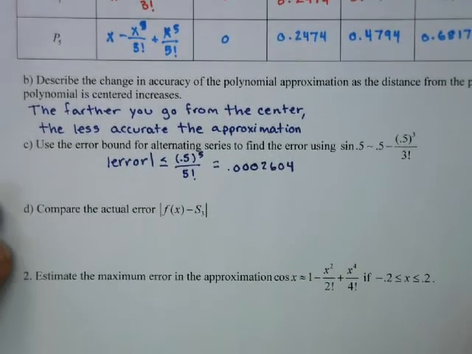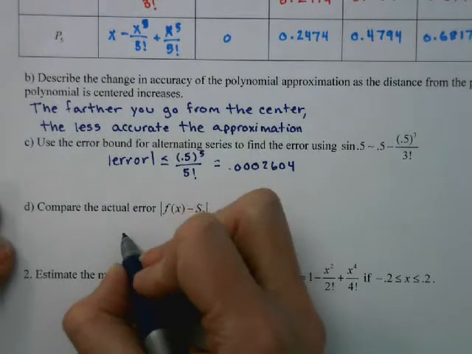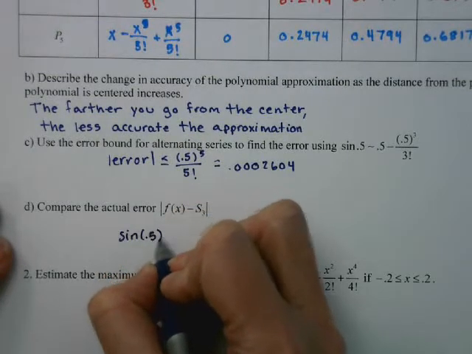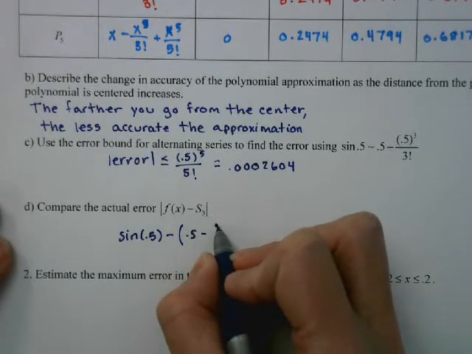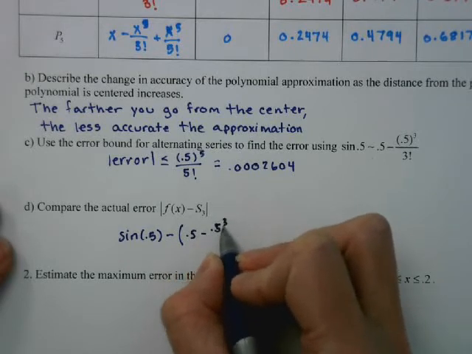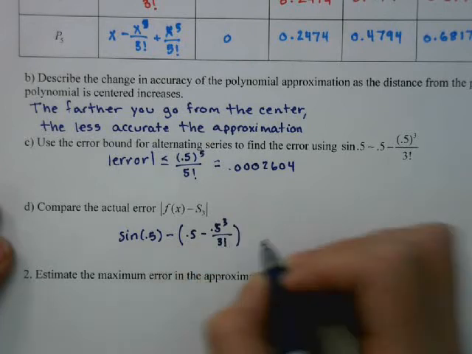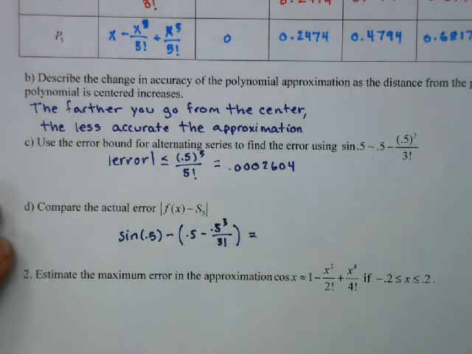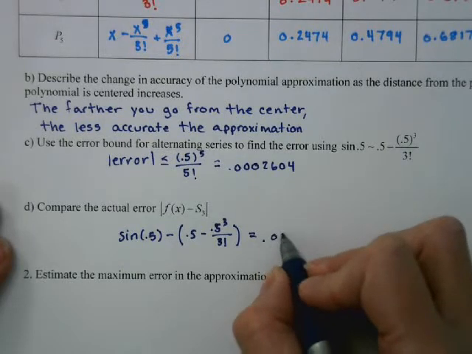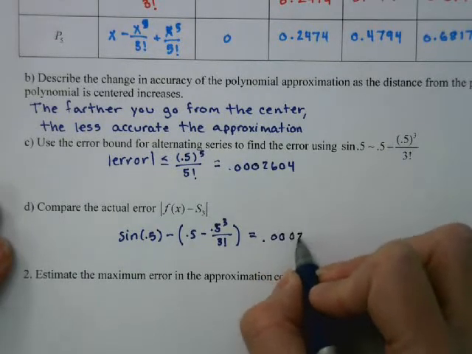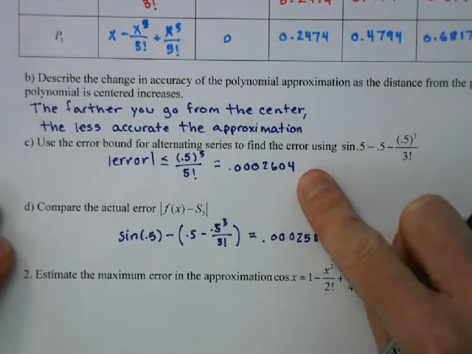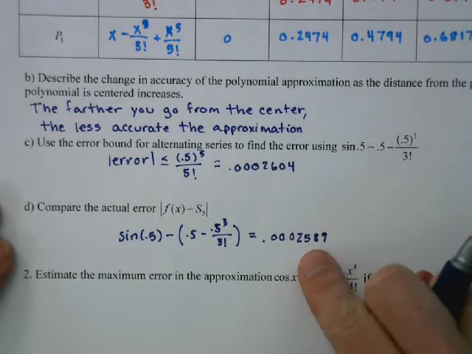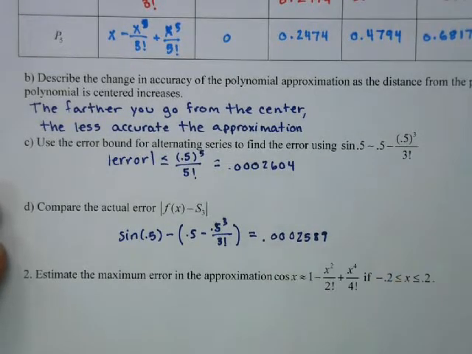Okay, we're going to compare that to the actual error, which is going to be sine of 0.5 minus that value. If you do this in the calculator, you're going to get 0.000258. So the bound for the error is 0.00026. The actual error was slightly less than that.